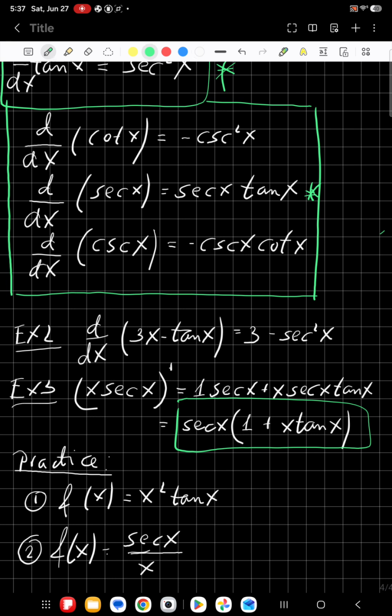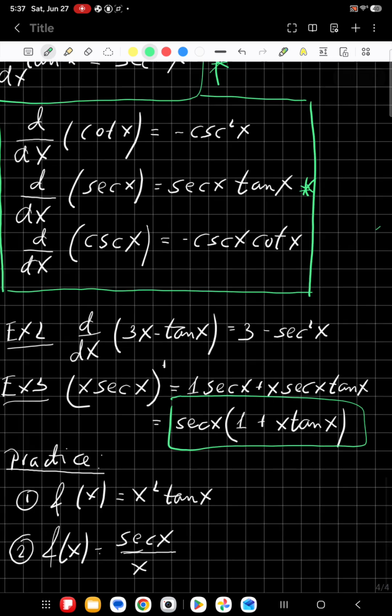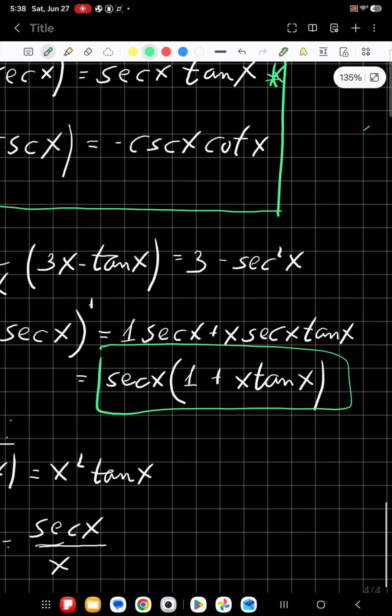Yeah, so the answer for the first one is x times 2 tangent x plus x squared secant squared x.